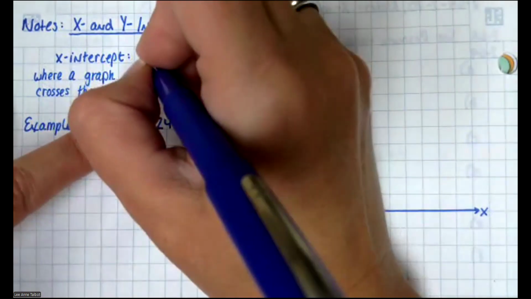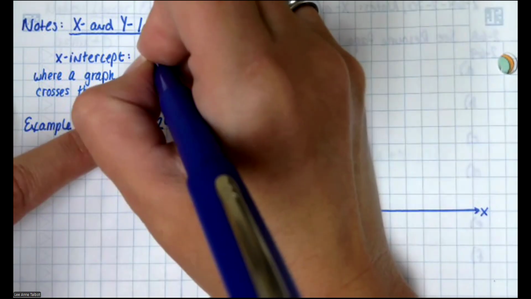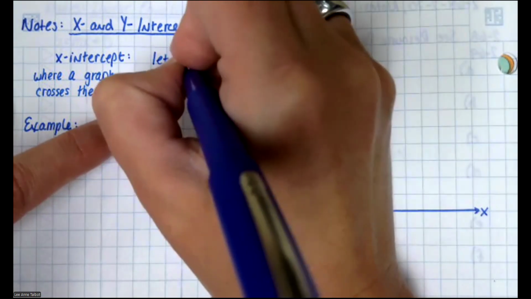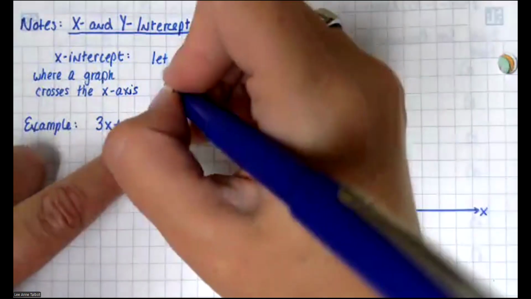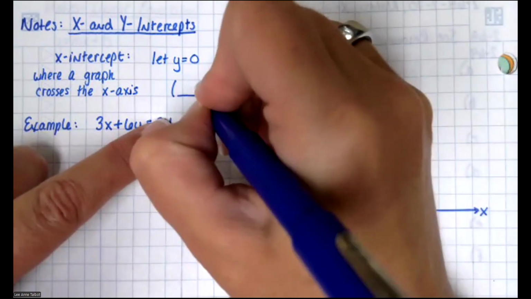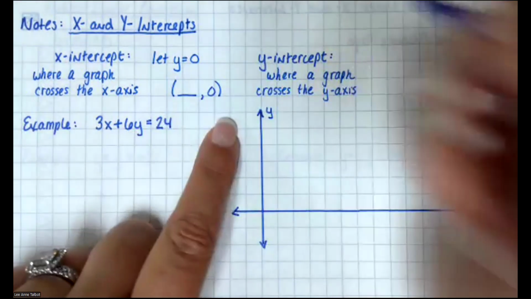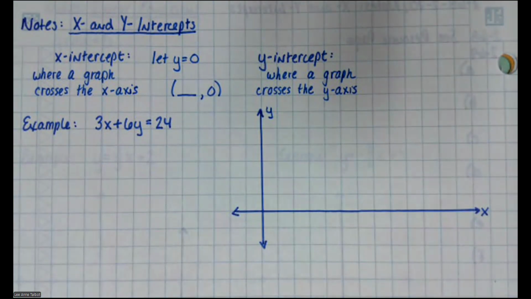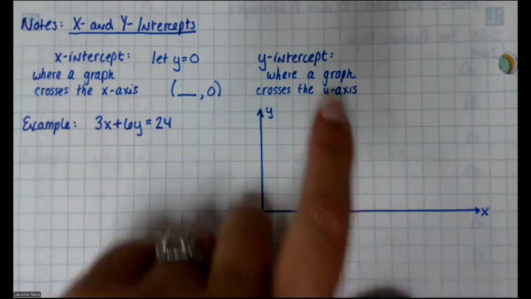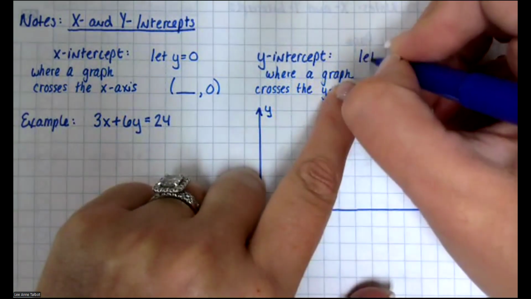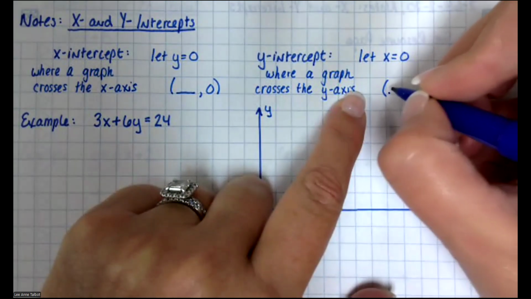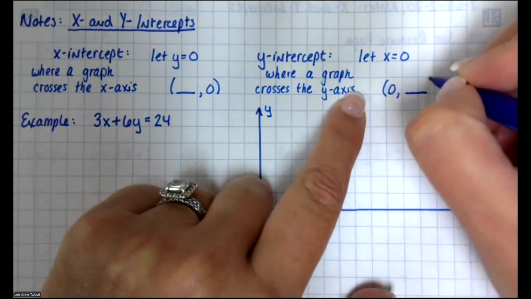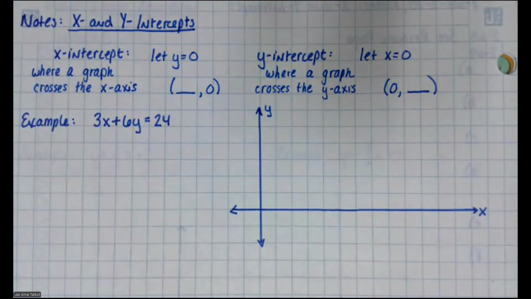But for the x-intercept, you want to let y equal 0, and you're going to do like a function machine with y equaling 0. And so you're going to get a number, comma 0 in a coordinate. For the y-intercept, you're going to let x equal 0, and you're going to get 0, comma something in a coordinate.